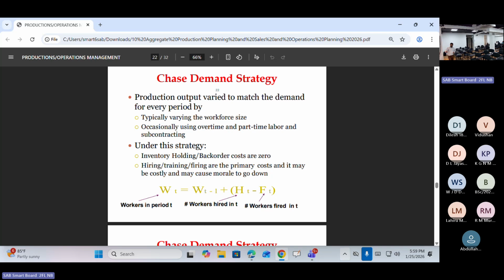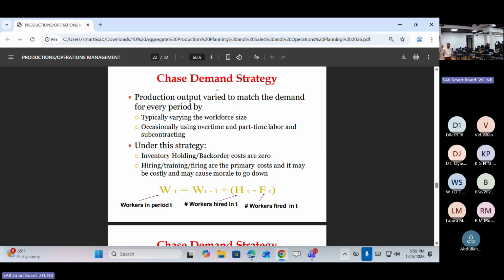So as you see it here, production output varied to match the demand for every period by changing the workforce size. And in certain situations, occasionally, using overtime and part-time labor and even subcontracting, but that is not compulsory. If they have used such techniques, they have to consider the relevant costs as well.